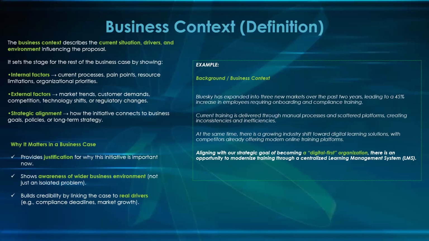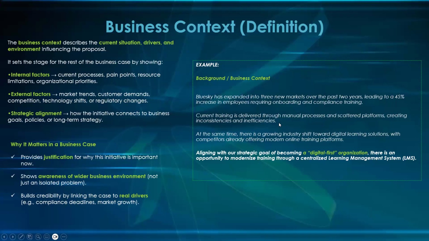They now have to onboard new employees. And because the employees have to be compliant, they have to undergo training. Now, that's a context for BlueSky. Now, again, you look at the next line, it says, current training is delivered through manual processes and scattered platforms, which create inconsistency and inefficiency.